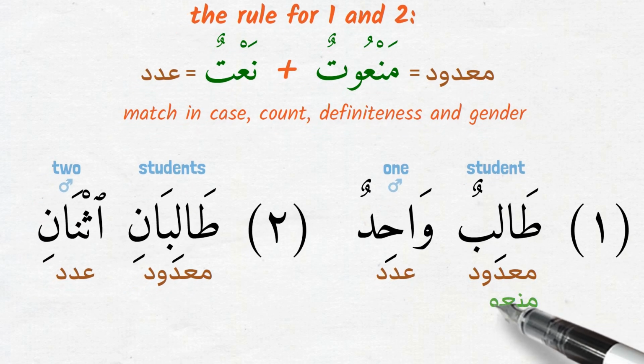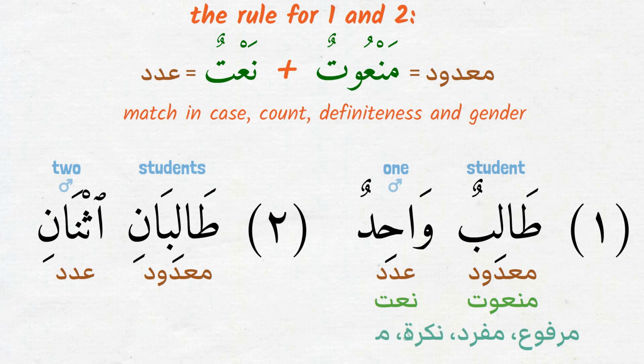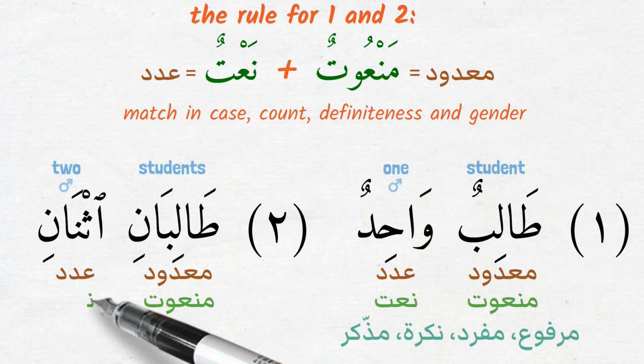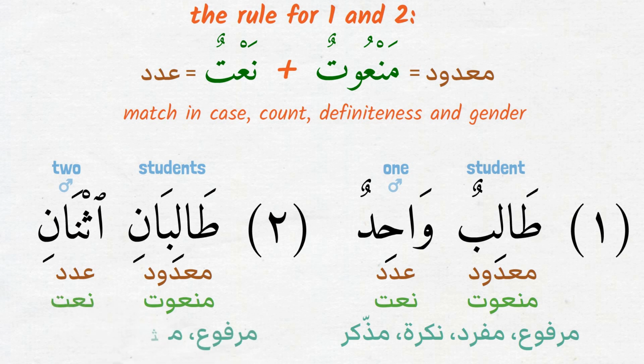In the first example, the MAN'UWT and NAAT are both مرفوع, مفرد, نكرة, and مذكر. In the second pair, the MAN'UWT and NAAT are both مرفوع, مثنى, نكرة, and مذكر. If you'd like to refresh your memory about the NAAT or MAN'UWT combinations, feel free to check out our episode for Lesson 9 and Part 1.